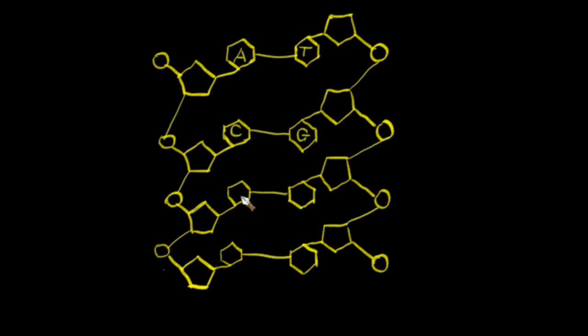This is repeated all throughout the structure. So we have thymine, adenine, we can also have guanine and cytosine. Whichever order it takes, adenine always binds to thymine and cytosine always binds to guanine.